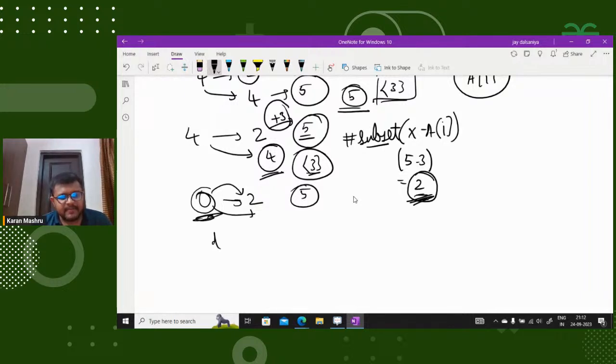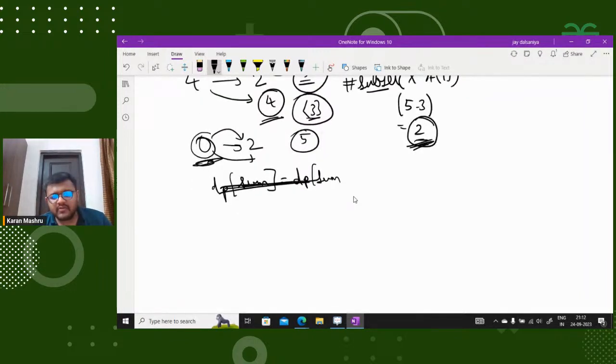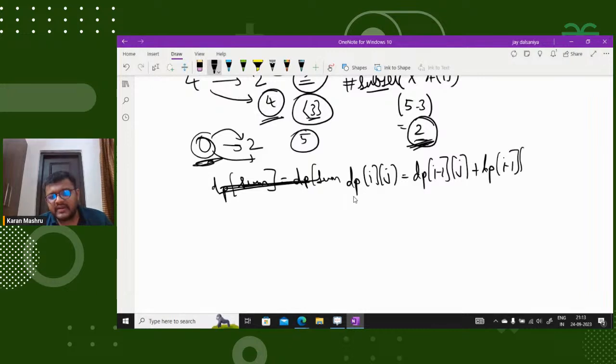We write in dp that dp of ij, this is a 2D array, is equal to dp of i minus 1, j plus dp of i minus 1 and j minus a of i.